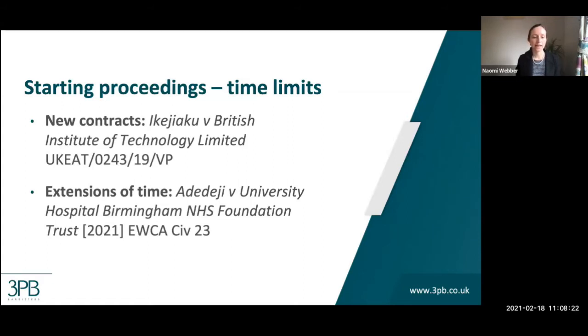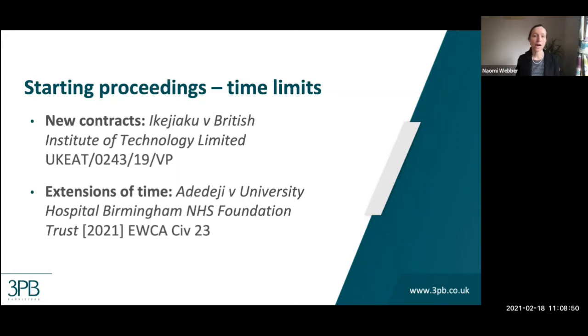In this case, it was a claim for, among other things, whistleblowing detriment. And the claimant sought to rely on the imposition of a new contract as a detriment that had been introduced following disclosures he'd made about pay slips and tax status. In effect, his case was this new contract was put in place to keep him quiet and was in fact a detriment to him.